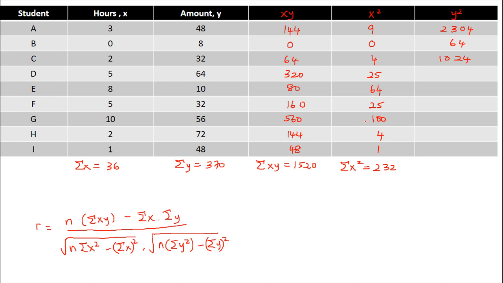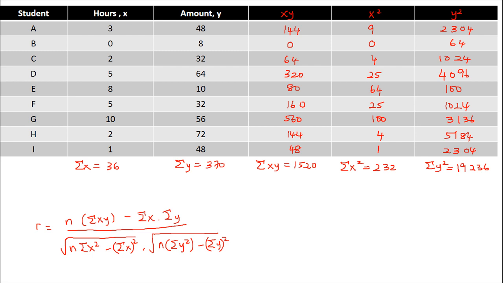So 64 square is 4096. Next is 10 square, which is 100. Then 32 square is 1024. 56 square is 3136. 72 square is 5184. And 48 square is 2304. Total up to find the sum of y square.